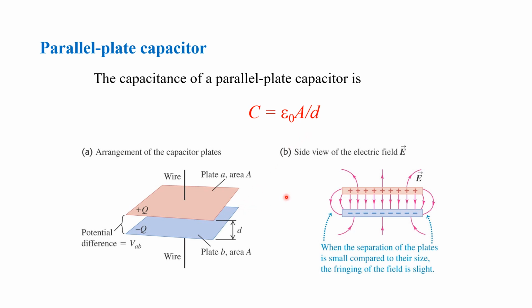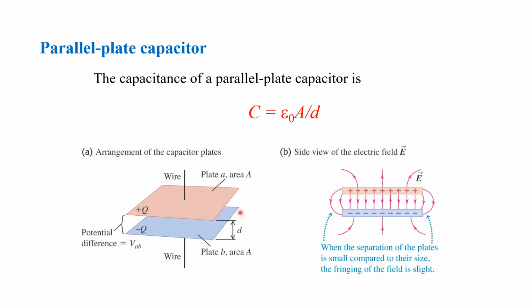Looking at the side view of your parallel plate configuration, this is what happens to your electric field lines. Here you have your above plate with positive Q, and below you have negative Q. Since the above plate has positive charges and below you have negative charges, your electric field lines flow from positive towards negative.